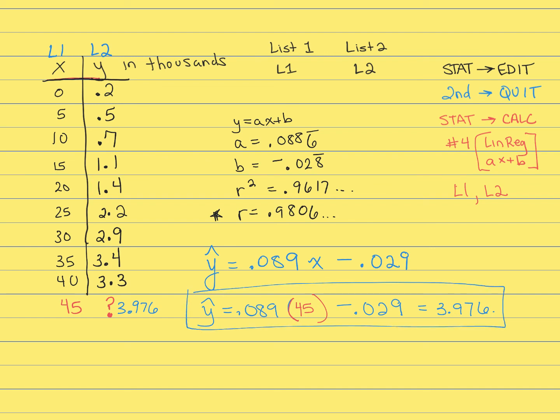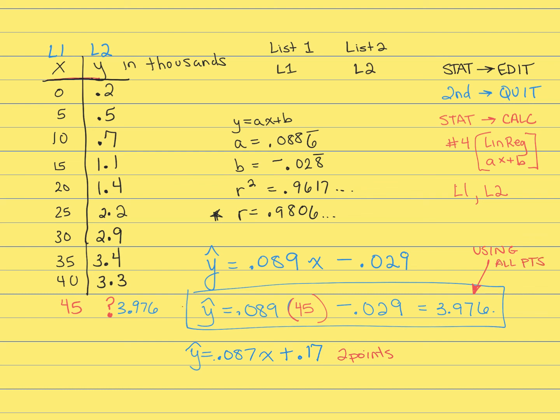Well, on the previous slide, remember we had y equals 0.087x plus 0.17. This was using only two points. And this one here, the calculator helped us, is using all of the points.